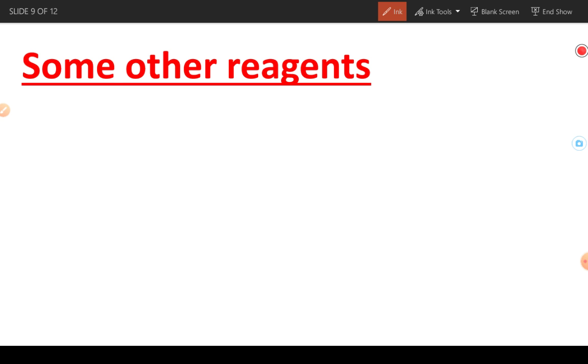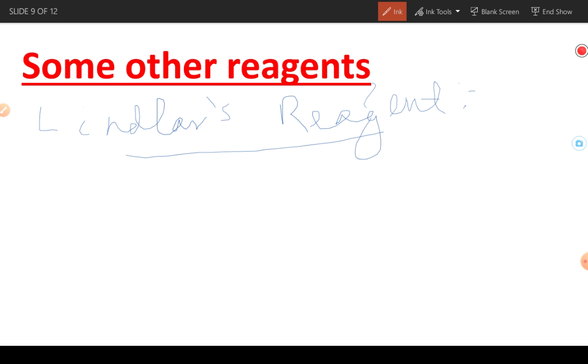It is a very very important reaction. See in Lindlar's reagent what happens? I will be telling you with one example.